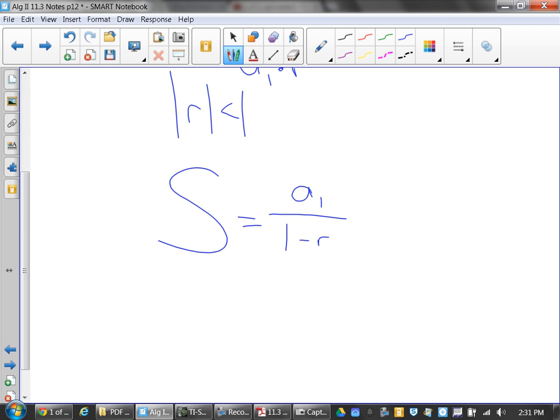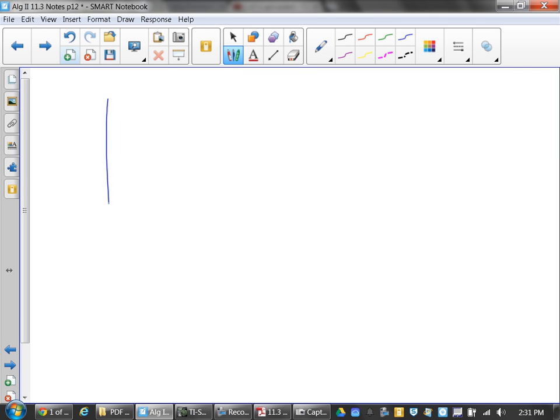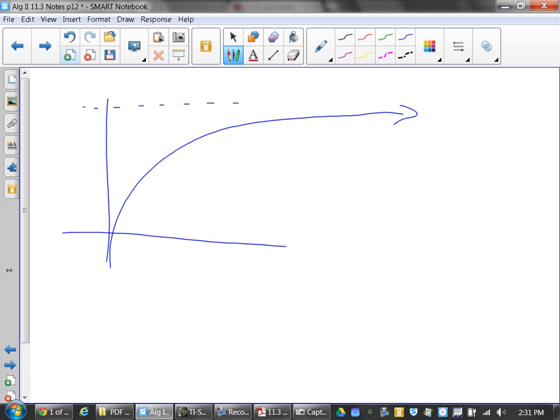You can always be approaching something, because you can always add another fraction to something. So if you have a curve, do you know what that dotted line is called? The place you won't hit is called an asymptote.